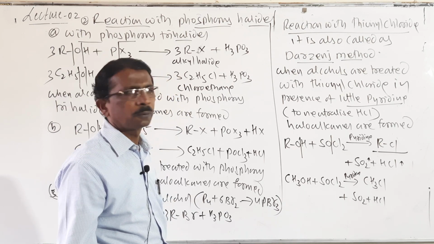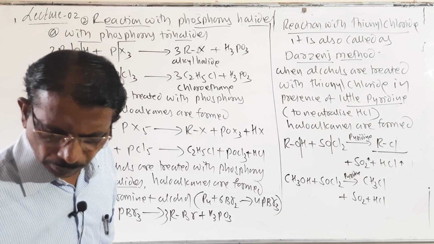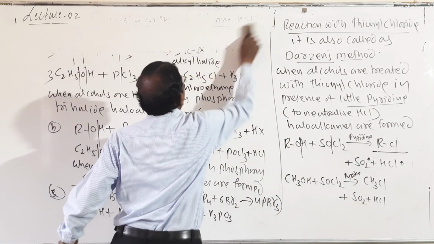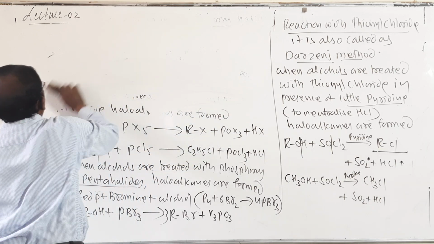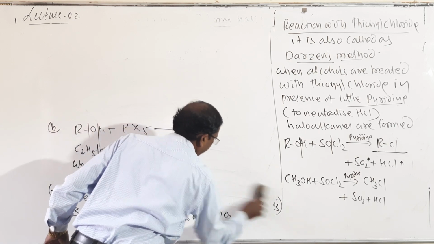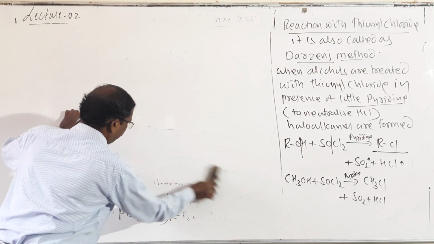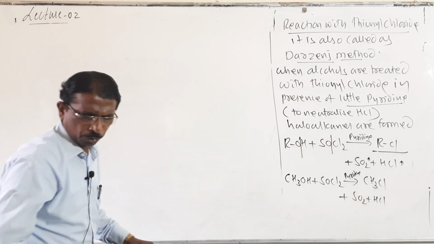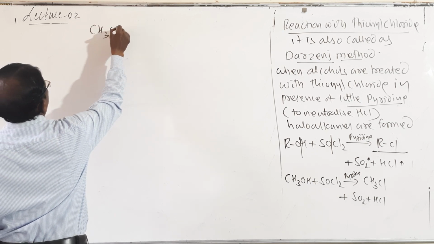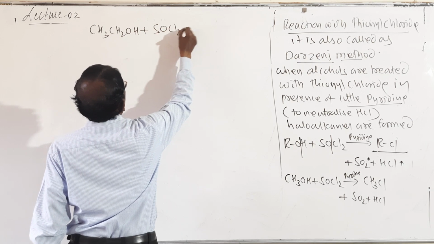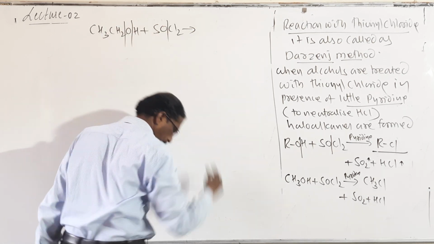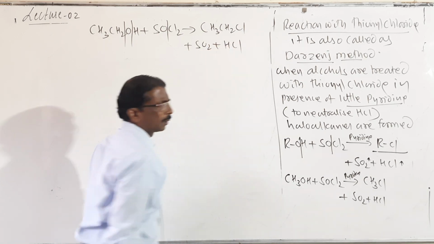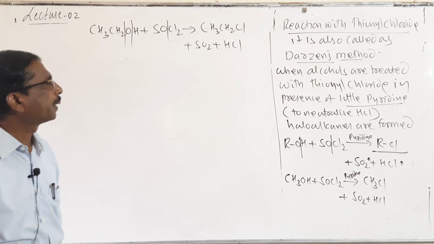Even you may use ethyl alcohol: when CH3CH2OH is treated with thionyl chloride, it gives CH3CH2Cl plus SO2 plus HCl. This is called Darzens' method.